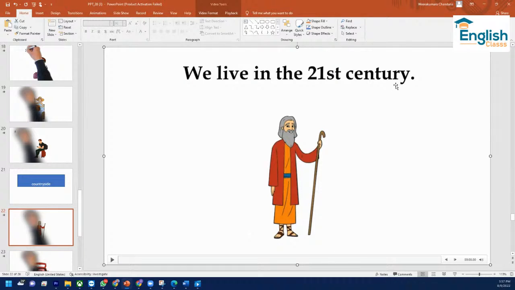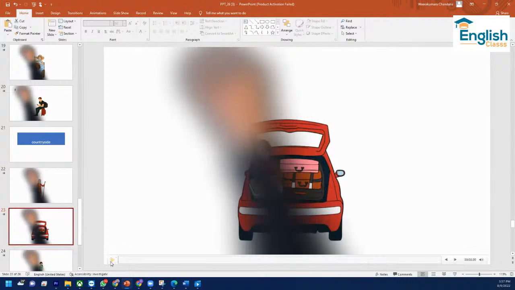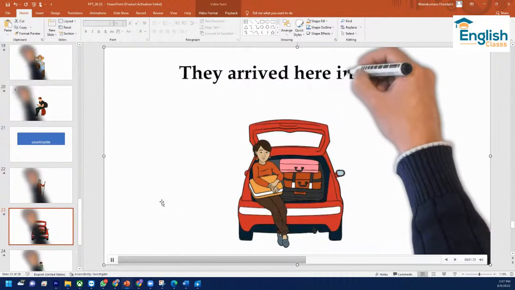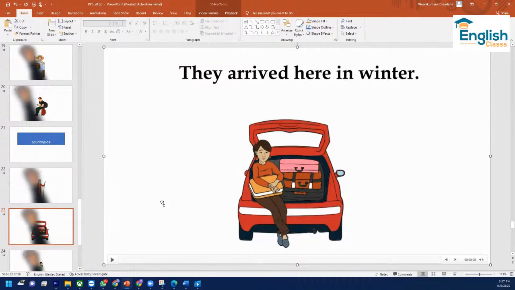Before centuries, we have to use the preposition in. We live in the 21st century. And the next example, they arrived here in winter. In winter. Before seasons, we have to use the preposition in. In winter, in summer, etc.